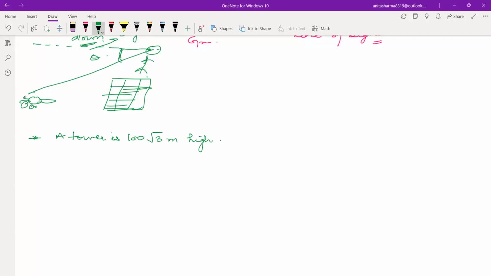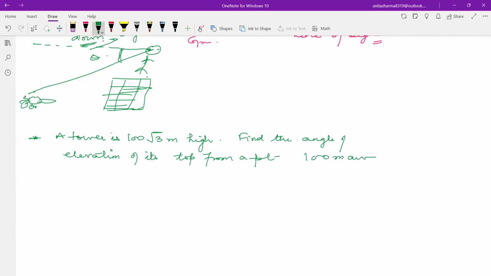Find the angle of elevation of its top from a point 100 meter away from its feet.